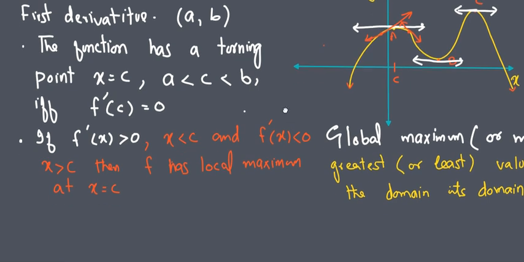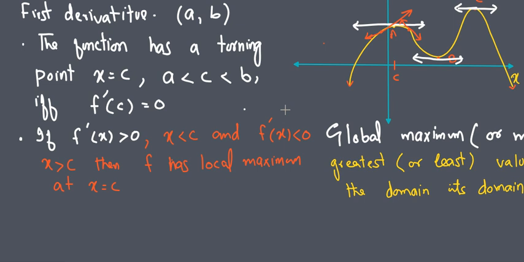Now, if you look at the local minimum, when I take the point to the left side of this point, you can see that the tangent at that point is going downward, or it is decreasing.